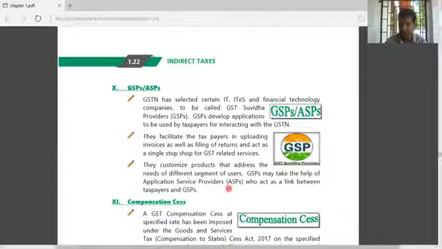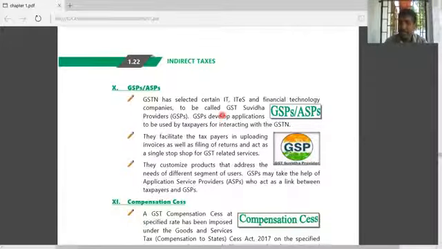The website will be blocked due to the excess consumption. So in order to simplify that, GST Network has selected certain IT and financial technology companies. It's a big force of IT tech companies. The government has selected them as GST Suvidha Providers.